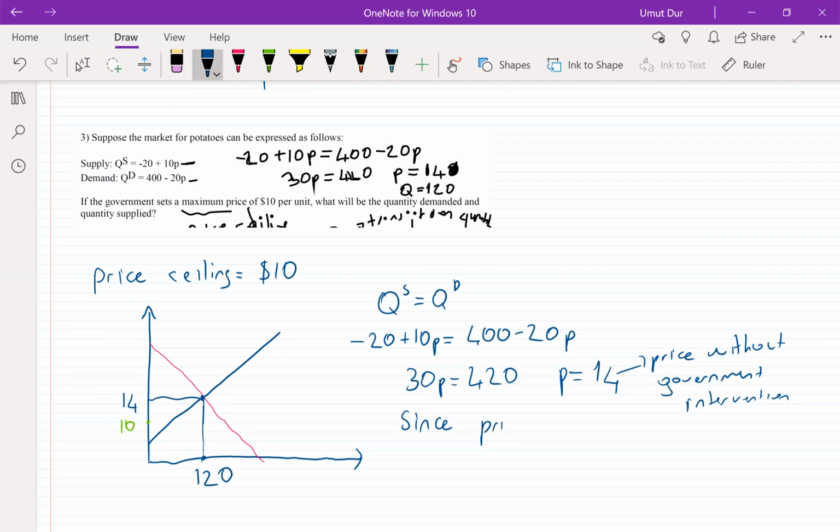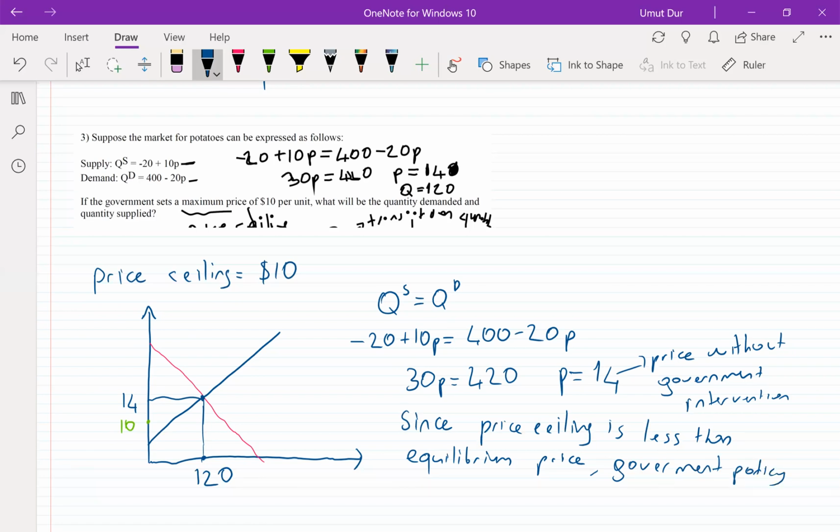Since the price ceiling is less than the equilibrium price, the government policy affects the market price and quantity. By market price and quantity I mean the transactions.